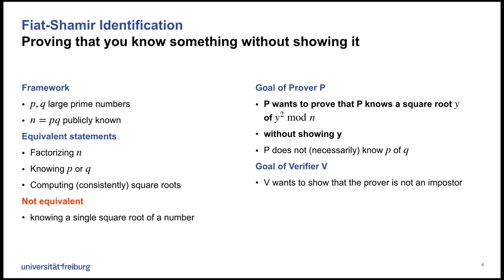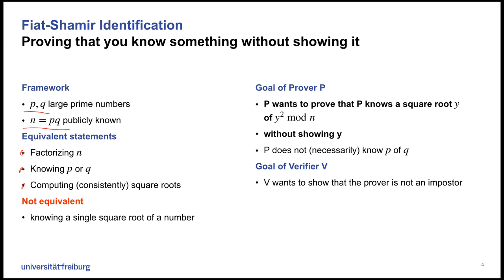A very easy way to see that this is working is that we go back to the idea of how RSA works and square roots. We have two large prime numbers and only the product is publicly known. If you factor n, of course, it's the same as knowing p and q.